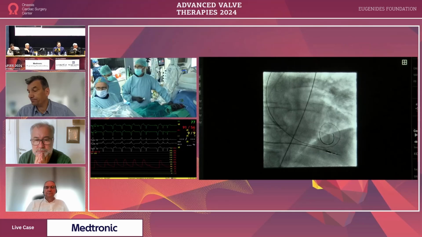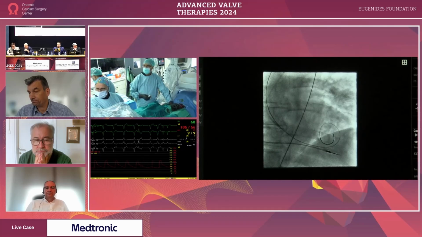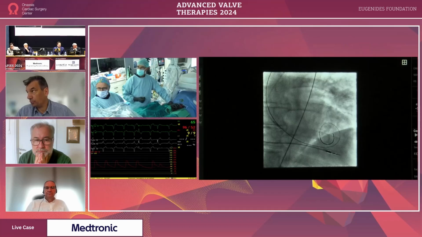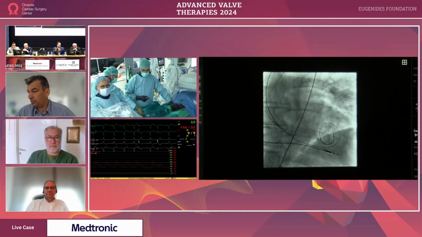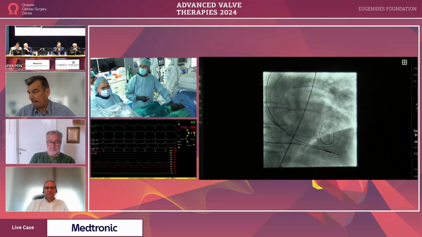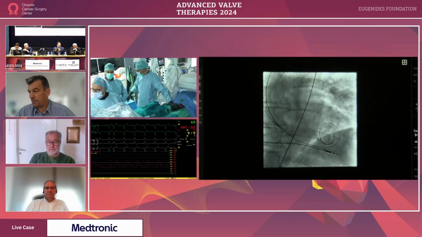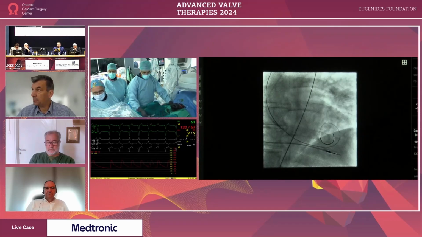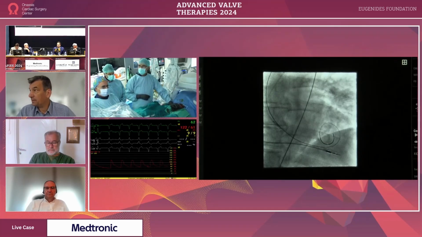Regarding your question, any patient's decision-making is driven by many things. One, of course, is how much calcium there is, how much stenotic, this is obvious. Then the calcium is our so-called enemy, but with the self-expandable valve, it's kind of a friend because it stabilizes the valve while we are implanting it.